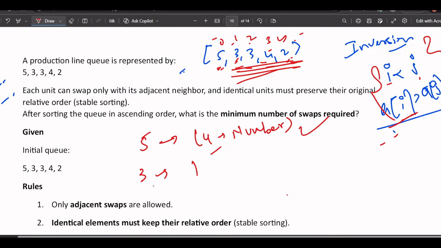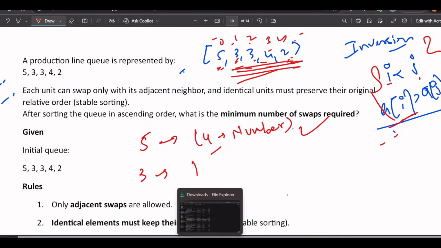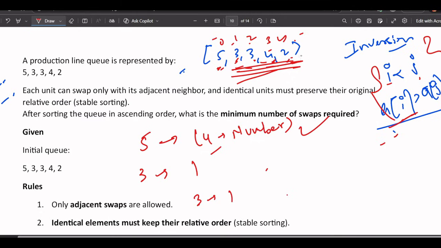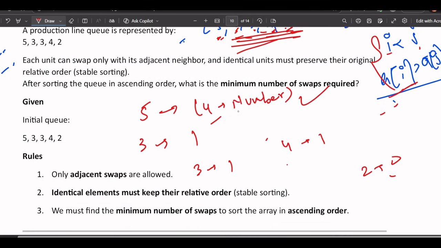For 3 the inversion count is 1. Again for this other 3, the inversion count is 1. For this 4 the inversion count is 1, because 2 is there. And for this 2 the inversion count is 0, because no number is on the right side. Now count the total inversion count.